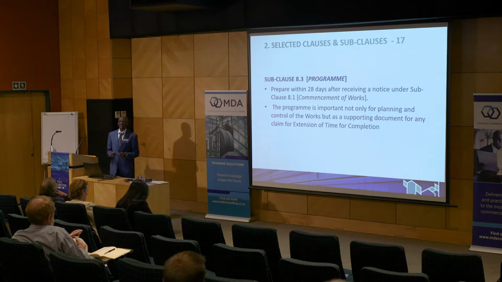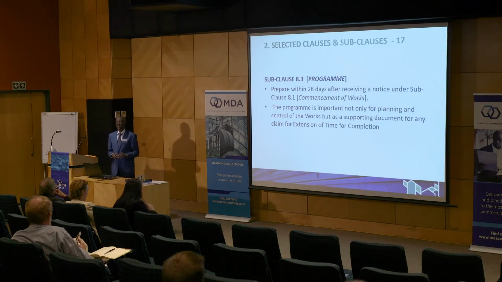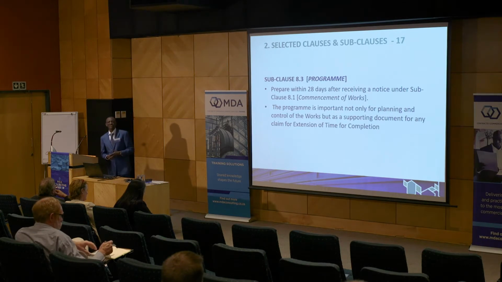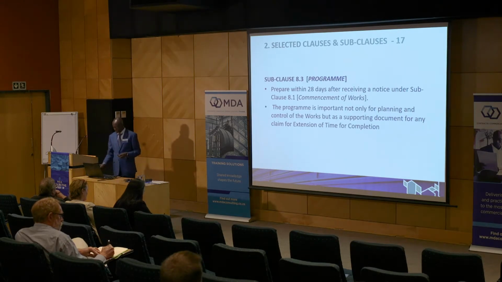The program of work is very important, not only for controlling and monitoring of the work, but as one of the supporting documents if there's any claim for an extension of time for completion. So an experienced contractor will make sure that his program of work is updated from time to time, so that in case of any problem, he can use it for substantiation.